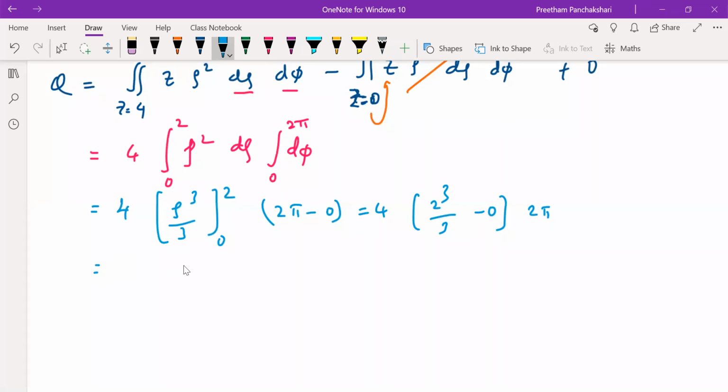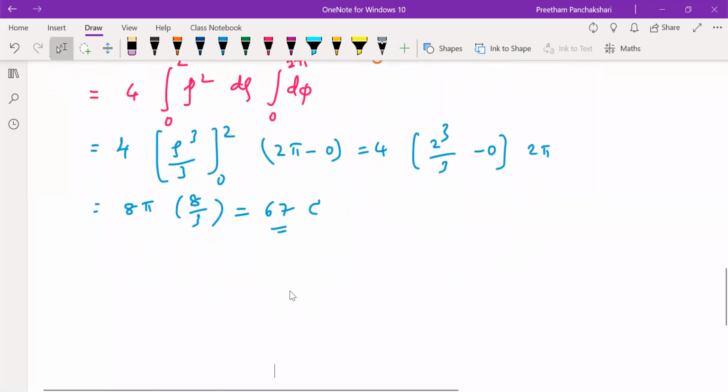So finally we are going to get here 8 pi into 2 cube is 8 by 3. That is equal to, you will get 67 coulombs. So this is the answer we got for total charge enclosed by the cylinder using first method.